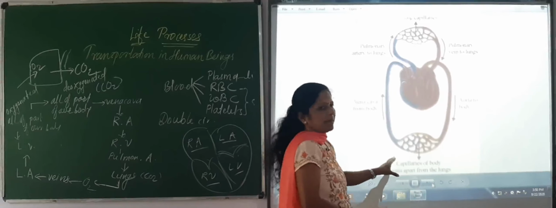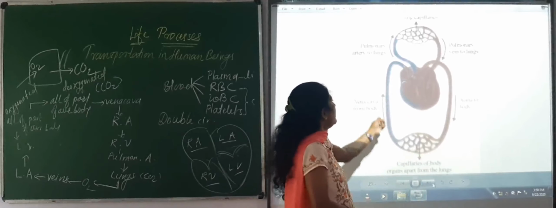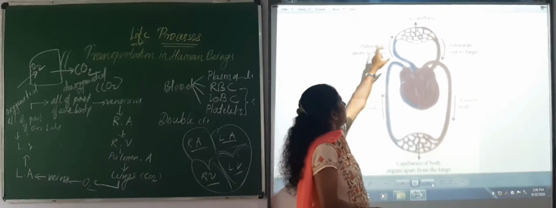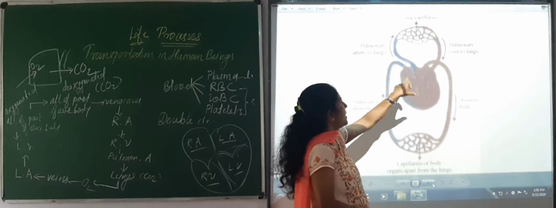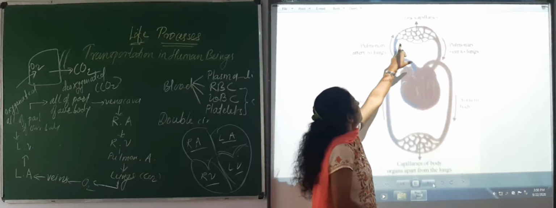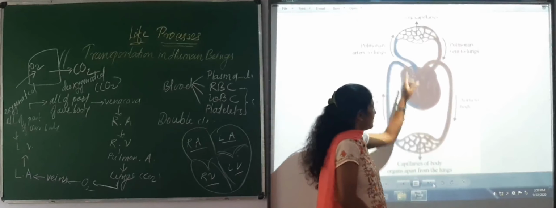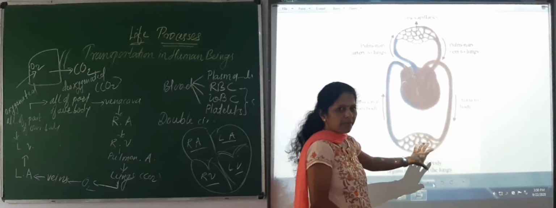There it takes the carbon dioxide from the different cells, tissues and organs, and then through the vena cava it again enters the heart, and from the ventricle it enters the pulmonary artery to the lungs. This is the lung, this is the heart, and these are the different parts of our body.